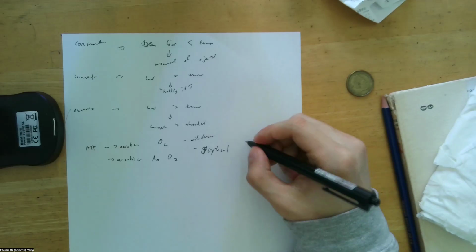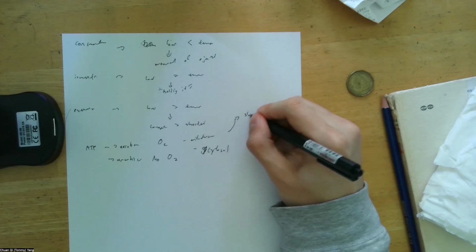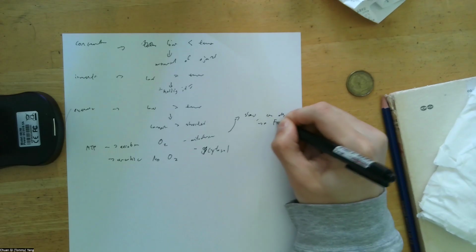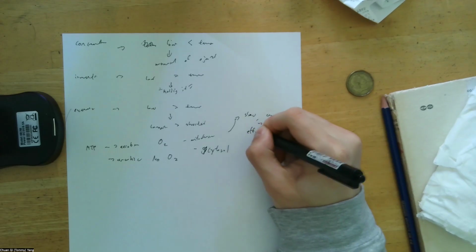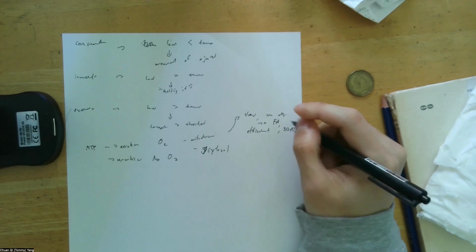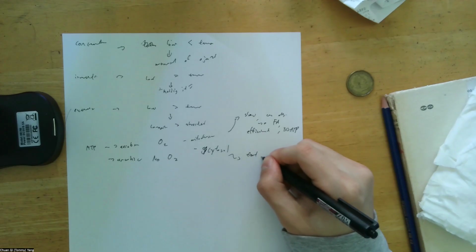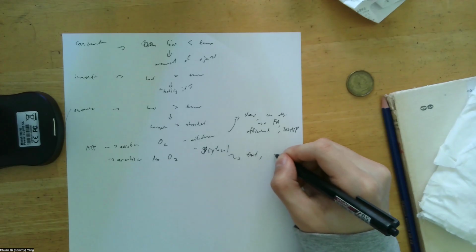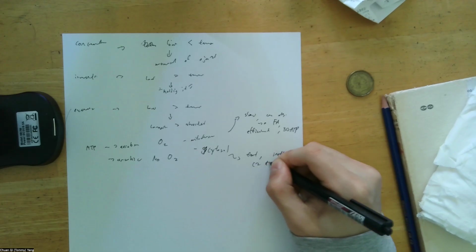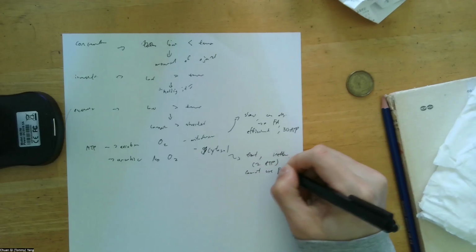The biggest difference is that aerobic is slow, can also use fatty acids, but is efficient. It produces 30 ATP per one glucose, whereas anaerobic is fast, but is inefficient, only producing 2 ATP per glucose, and you cannot use fatty acids.